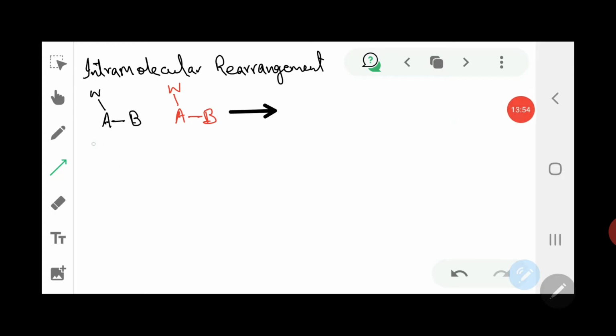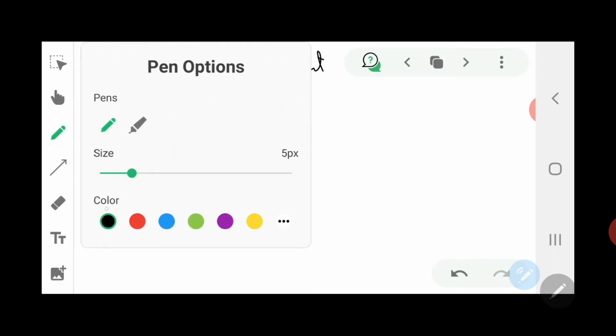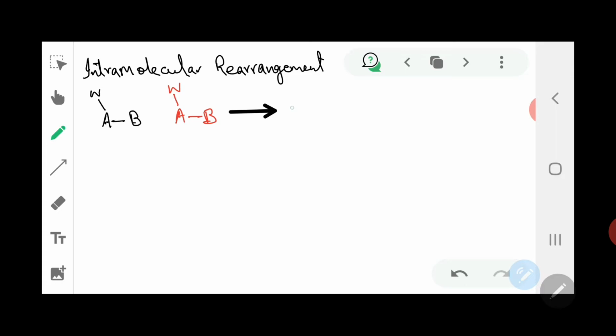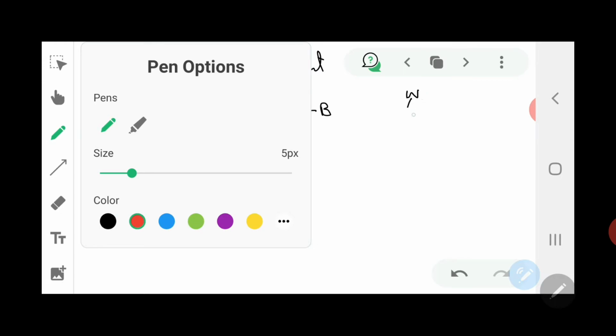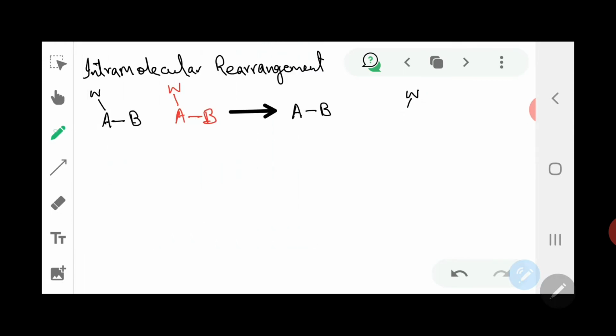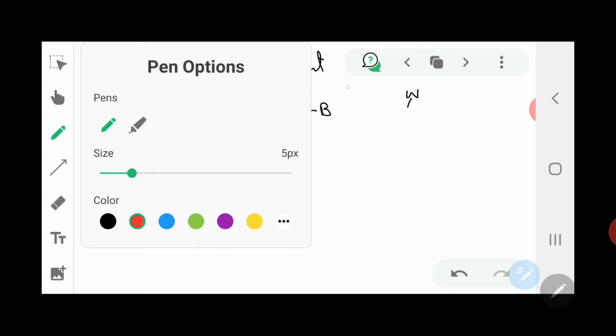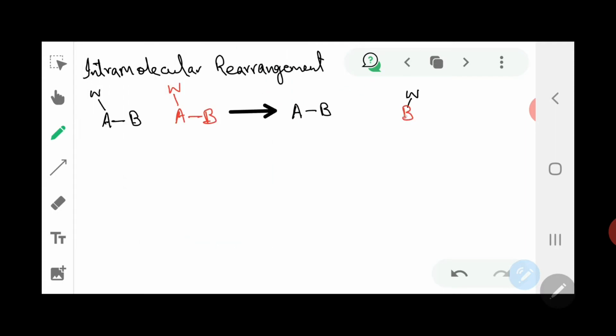Then we will discuss the second type, intramolecular rearrangement. So after migration of migrating group, we get this type of molecule.